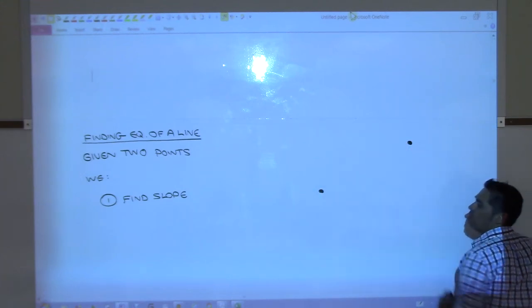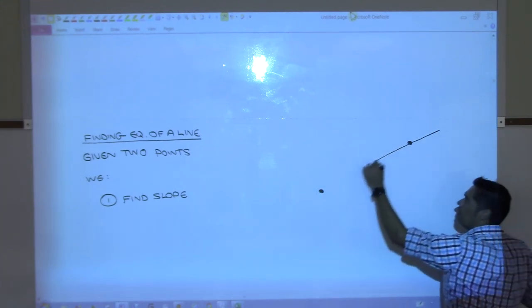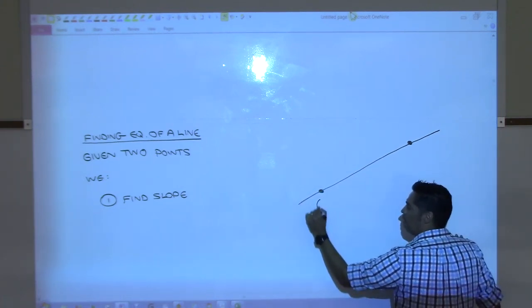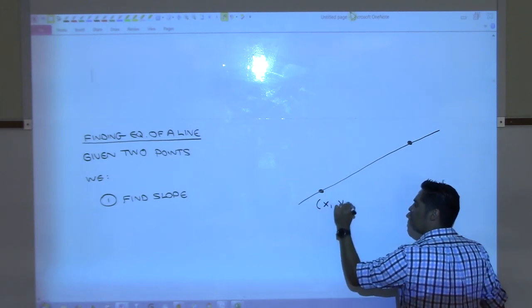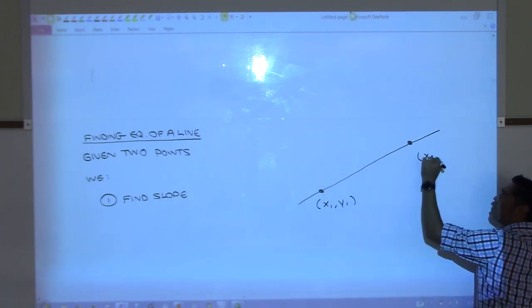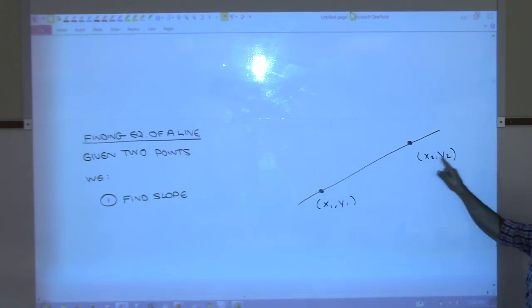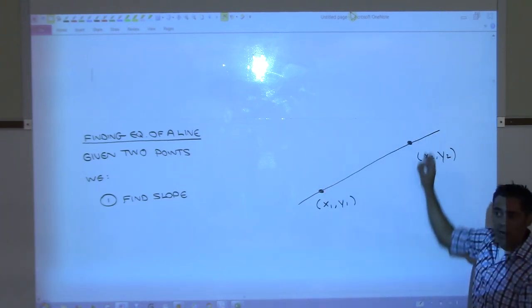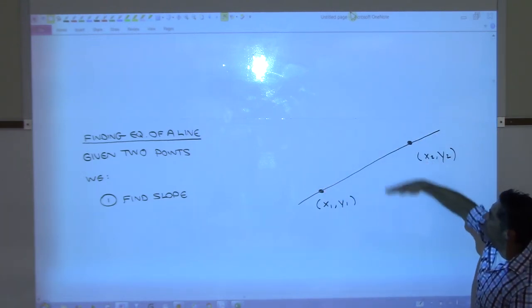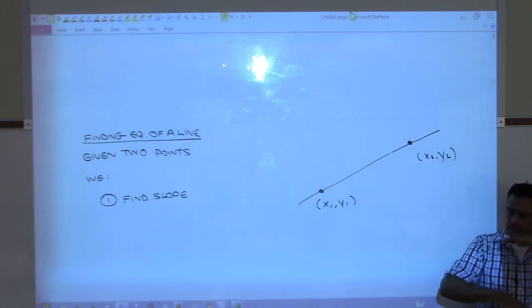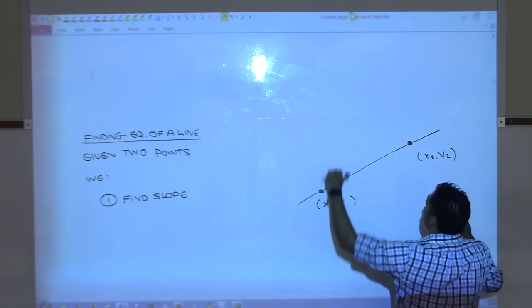We label this point x1, y1, the x and y coordinates of the first point, and this one x2, y2, the coordinates of the second point. The first step is to find the slope, which is basically rise divided by run. The rise between these 2 points is the difference of the y coordinates, how much the y coordinate changes as I go from here to here.